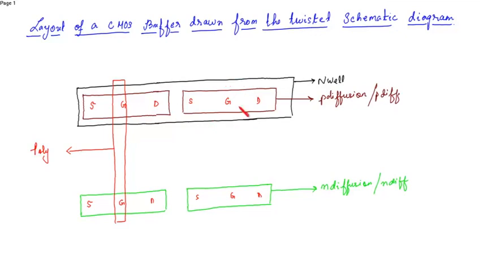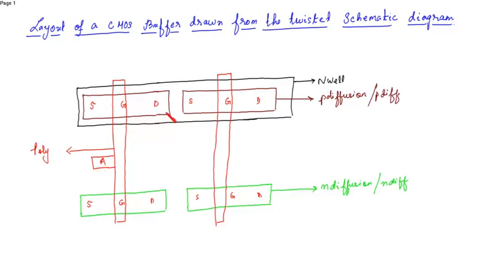Similarly the gates of the second inverter are also connected. Okay, so now this is the input. Let's say this is A. So this is the input A.